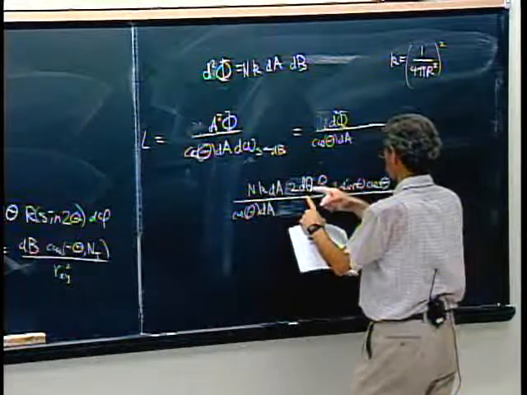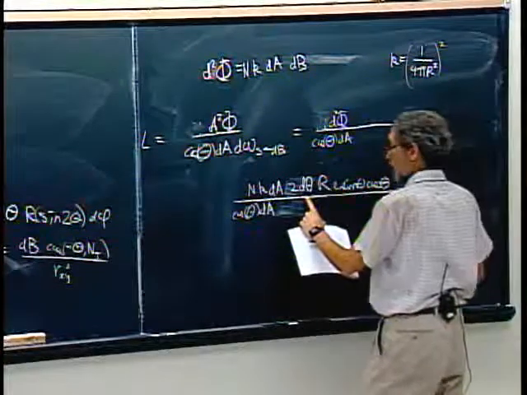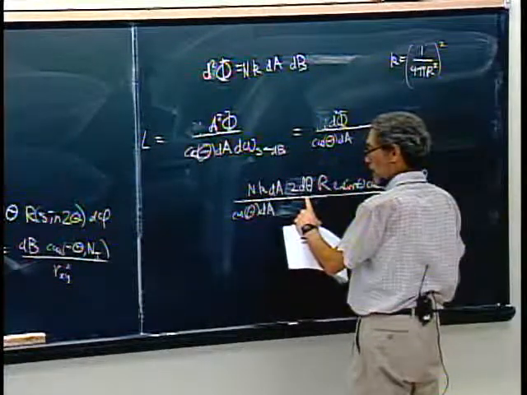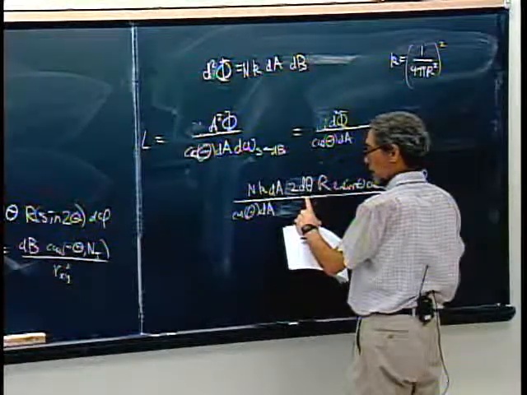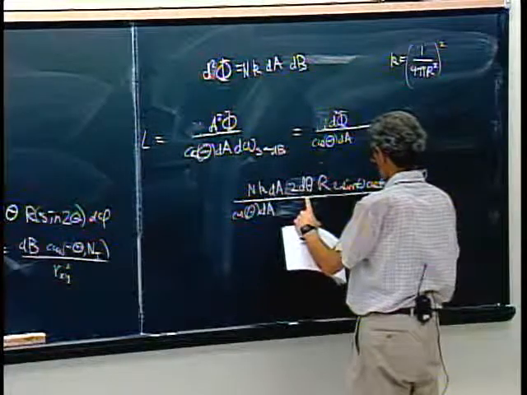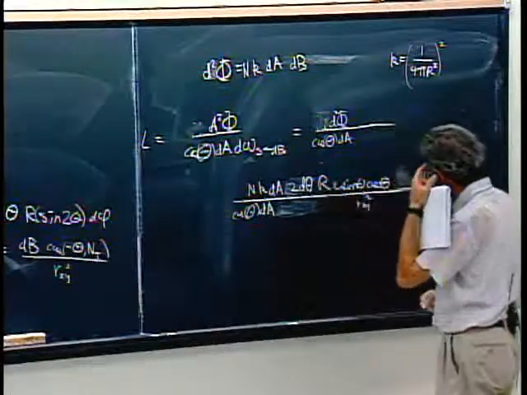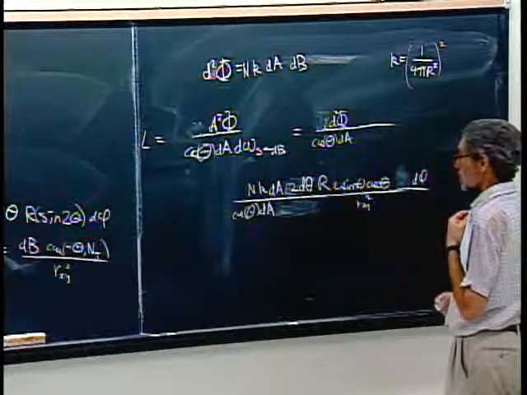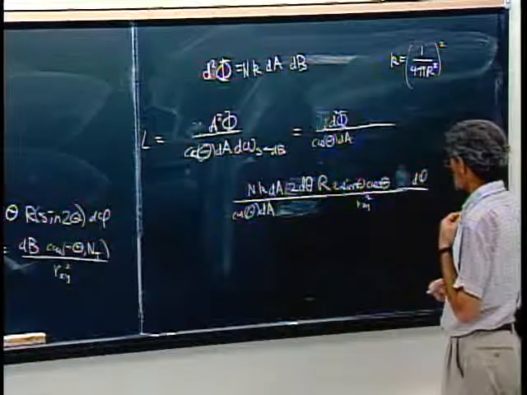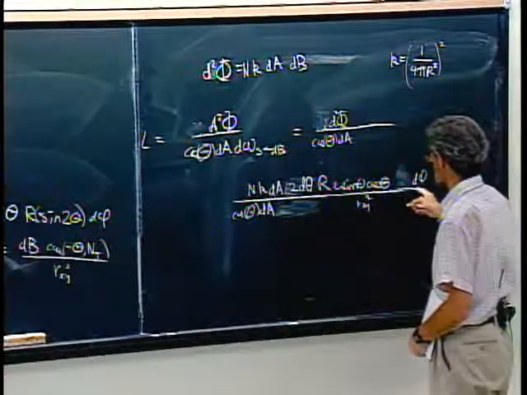I've got my 2 d theta already, d phi. Means I get r squared. I mean, if I'm dividing by that, this should be in the denominator.